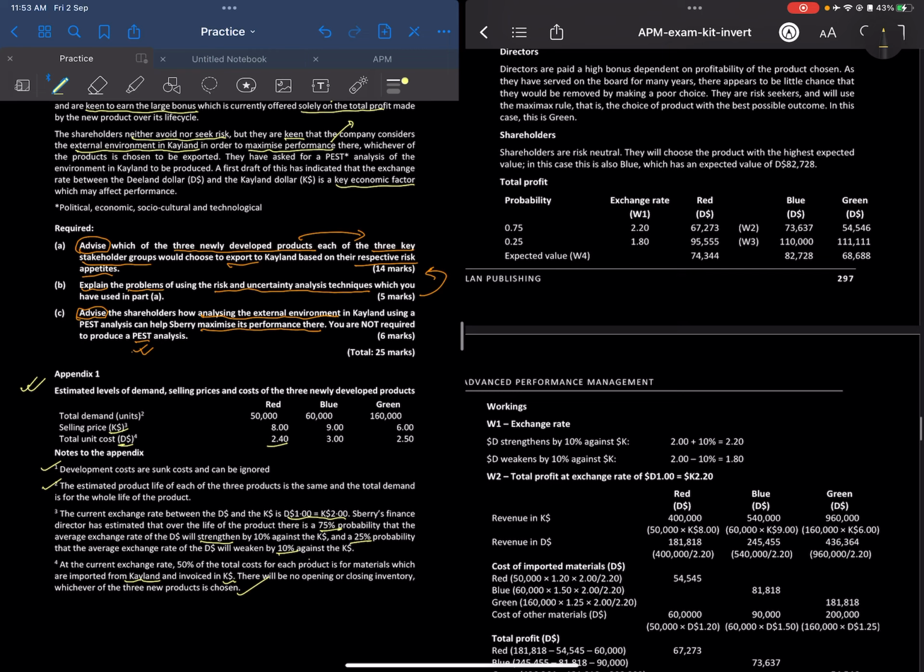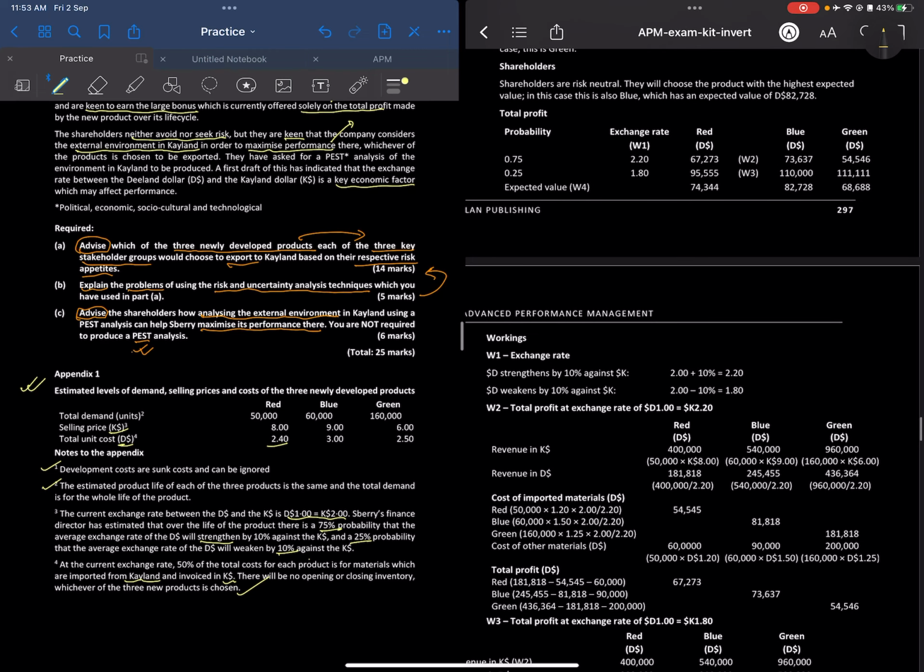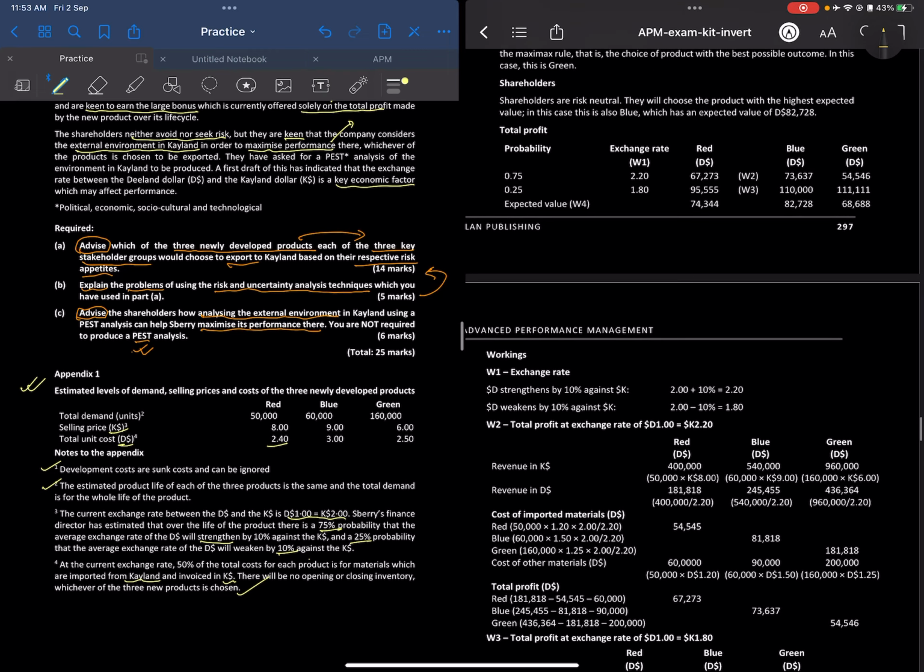First important thing is, let's calculate. If the currency strengthens, it will be 2.2, and if the currency weakens, it will be 1.8.